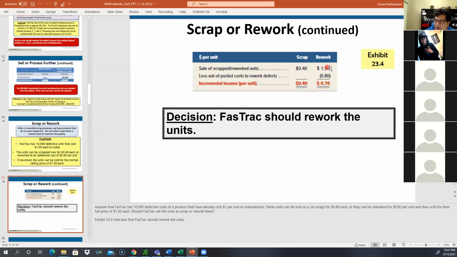So the incremental revenue is $1.10, incremental cost is 80 cents, so the incremental income is 30 cents. That's why you should rework the units. Again, the same concept: if you're making more money than you're spending, go ahead and do it.